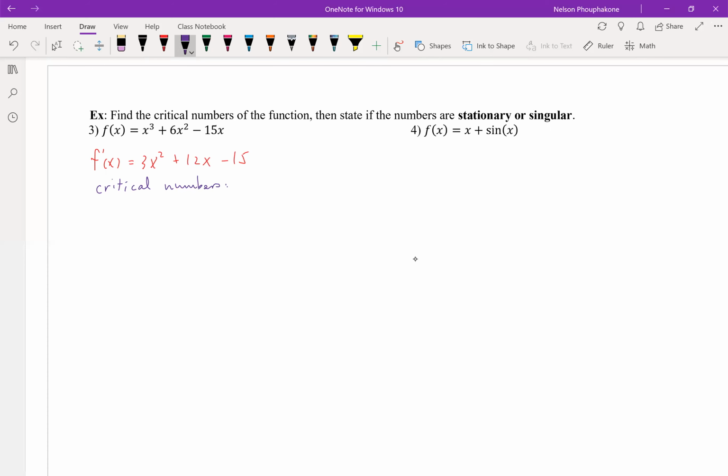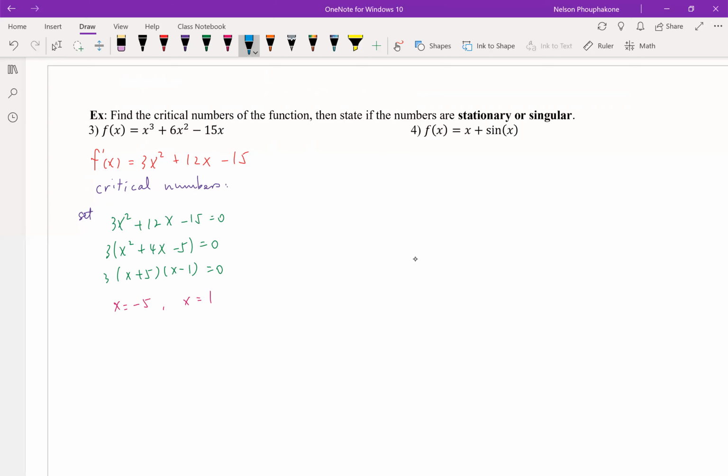Okay. So in this case, because it is a polynomial, I know that I cannot find any number to make it undefined. However, I could find some number to make it equal to 0. So we are going to set 3x squared plus 12x minus 15 equal to 0. Okay. Then we find out that x equal to -5 and x equal to 1.